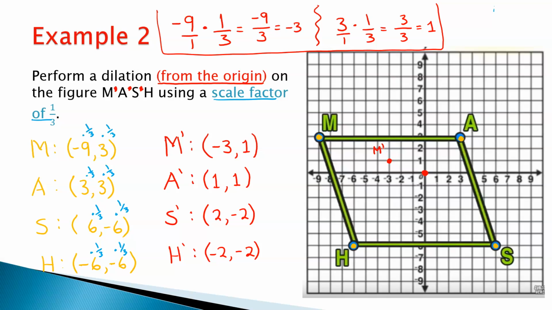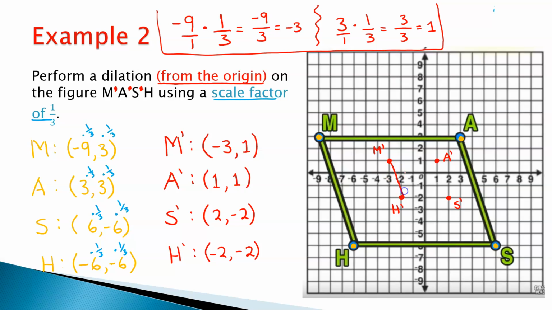All right. I'm going to get rid of the point right there in the middle at the origin so it doesn't get confusing. A prime, it's 1 to the right, 1 up. S prime, it's 2 to the right, 2 down. And then H prime, -2 to the left and -2 down. Whoops, and I completely forgot to label it. That was A prime, that was S prime, and then that was H prime.